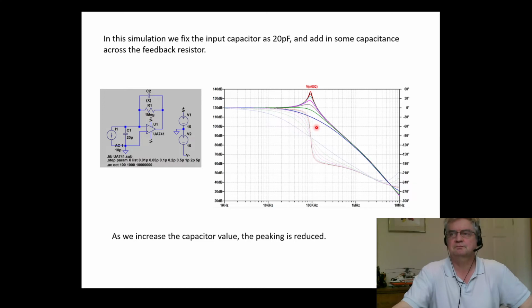You can see with too much capacitance you start to flatten the response too much, and you start to lose the flat bit of the bandwidth that you're interested in. So what we'd like to do is get this as flat as possible for as long as possible, and get an idea of what value of capacitance should be there.